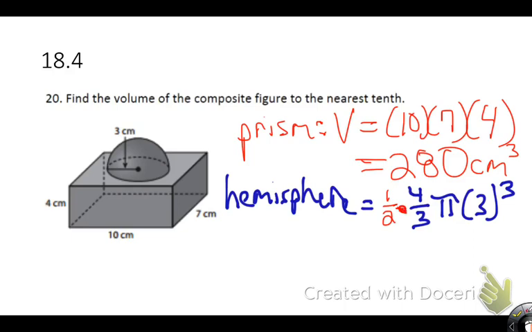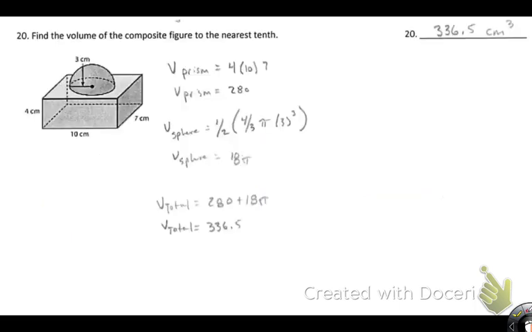I'm going to let the next page do the rest of the work. We get the prism, 280, and the half a sphere with the 1/2 in front, which gives 18 pi. We add those together and get this decimal approximation, 336.5 cubic centimeters.